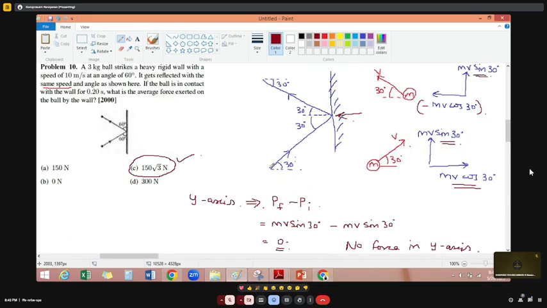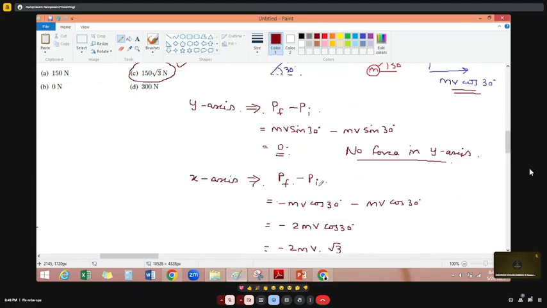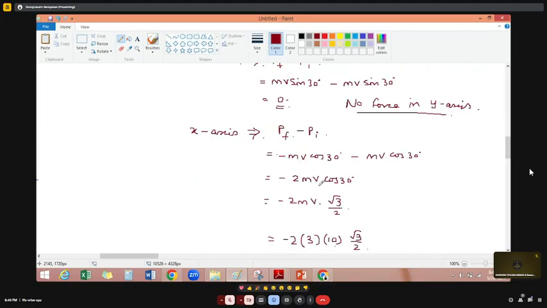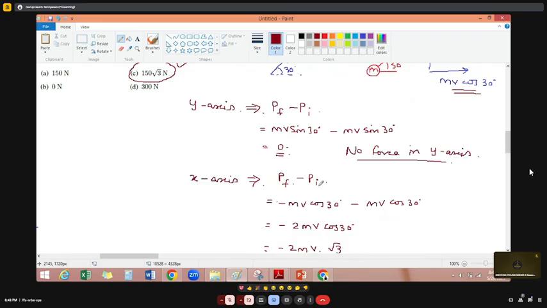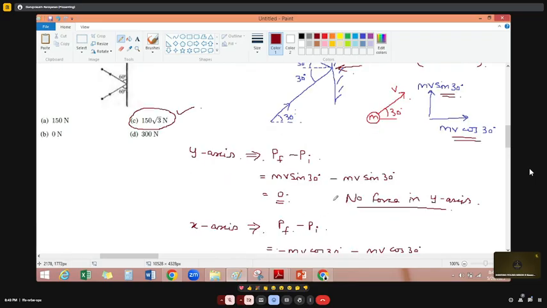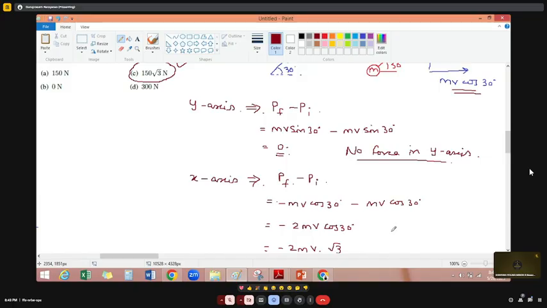Sometimes they will modify this question for a ball coming to a cricketer. A cricket ball is hit with a cricket bat. Same concept, but you should understand that momentum has direction, which means you have to take care of the angles.